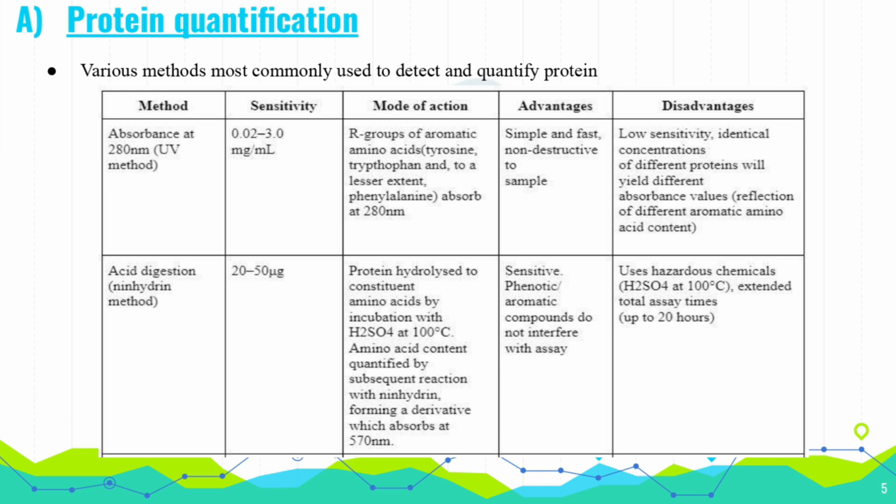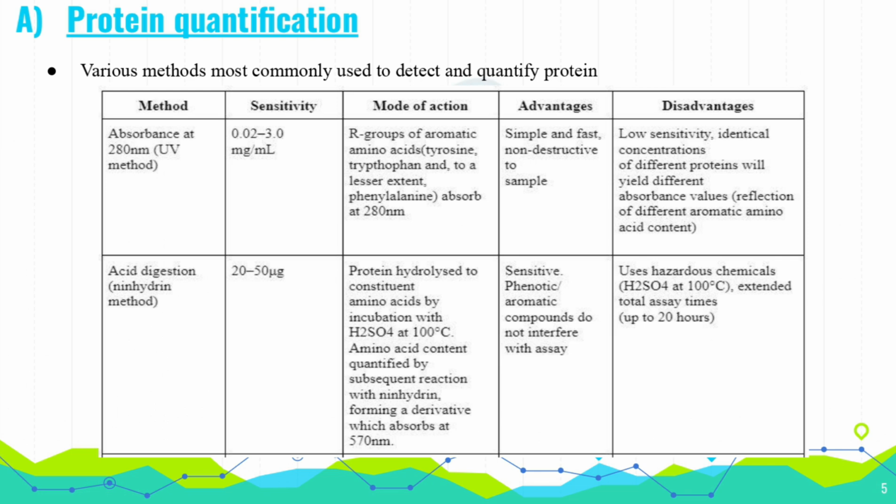And second, acid digestion, the ninhydrin method. Here acid and ninhydrin are used, that's why this method is called acid digestion or the ninhydrin method. Basically in this method protein is hydrolyzed to form amino acids, and those amino acids are incubated with H2SO4 at 100 degrees centigrade.